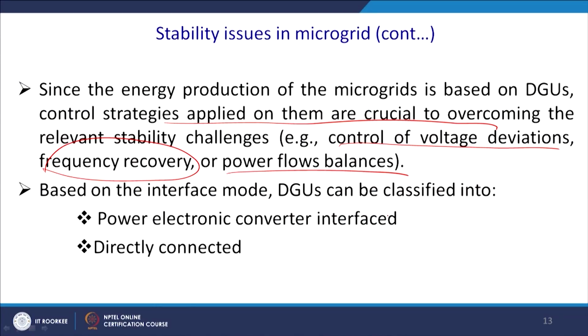Based on the interface mode, the DGs can be classified into power electronics converter interfaced and directly connected. Generally we will find that most of these are power electronics converter interfaced, because the bus voltage and the application voltage do not match.